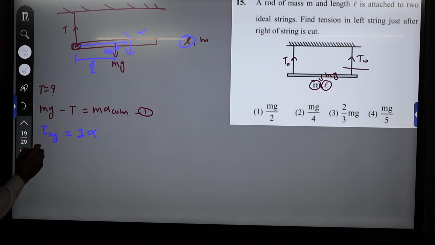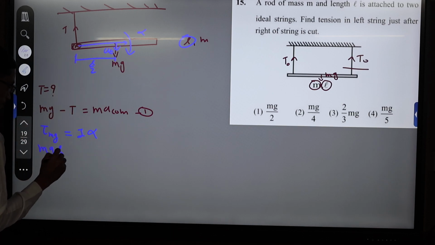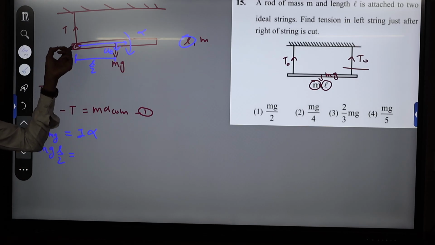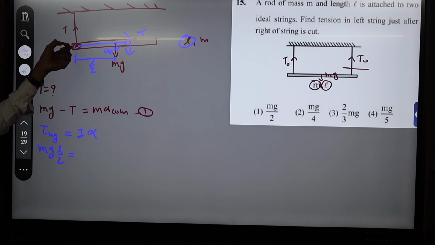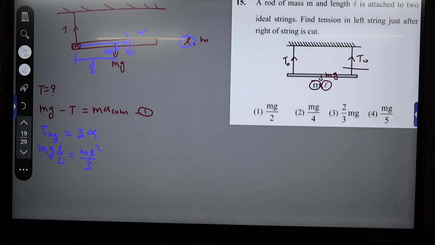The torque of Mg: the force is mg and the distance between these two points is L by 2. We have to write I with respect to this axis. The moment of inertia of this rod from this axis is mL square by 3.